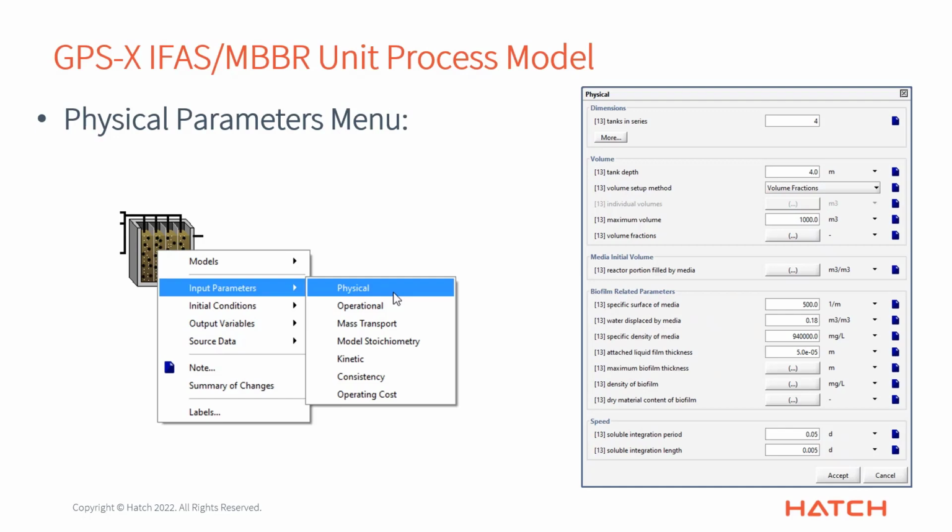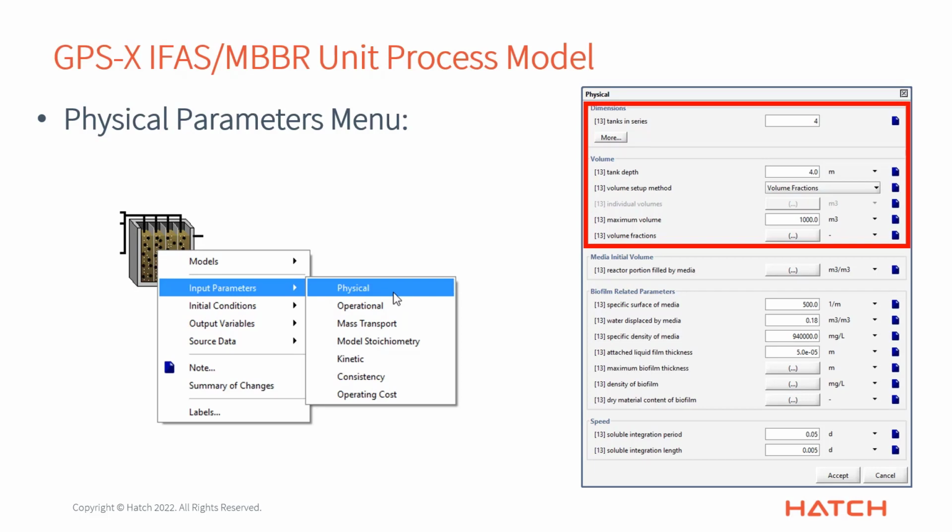So if we go to the first one, right click on that object, go to input parameters, and then we'll start with the physical menu. This is, of course, where in any of the GPS-X models, you're setting up the details of how big this unit is. So the top of the menu is exactly the same as a regular plug flow tank. We're specifying how many units in series we have, and also what the volume of those reactors is.